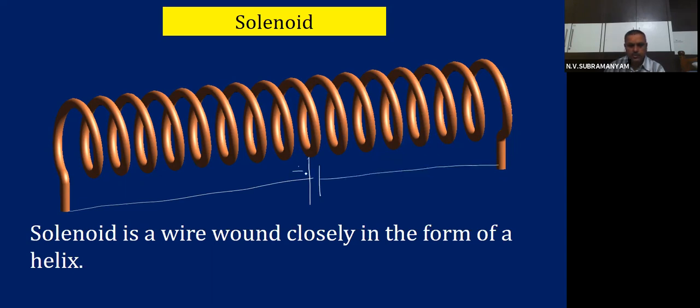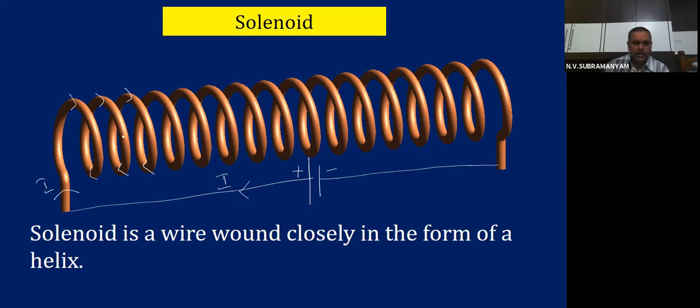Current starts flowing, yes or not? From plus it will flow and come like this, go inside here and again like this. That means current keeps flowing in the direction shown.